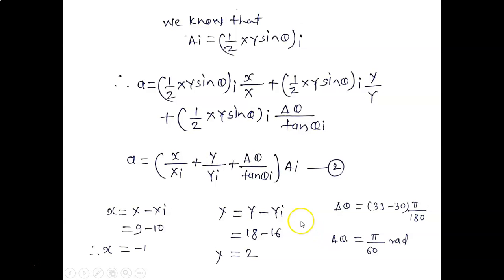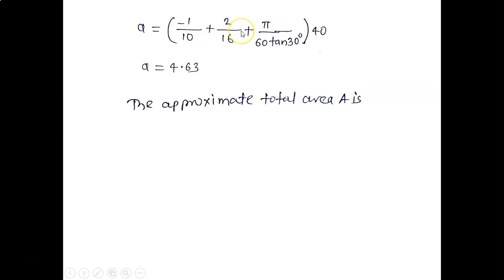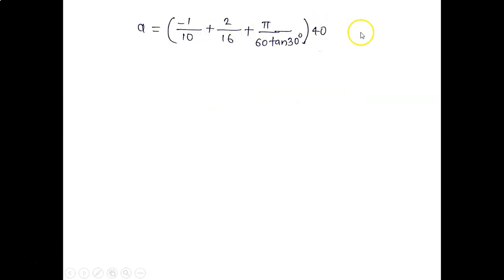Therefore these values we will put here and the value of AI we will put, therefore we will get the value of small a. Therefore small a is equal to minus 1 divided by 10 plus 2 divided by 16 plus pi by 60 into tan 30, into 40. Therefore by doing this calculation we are getting small a is equal to 4.63.